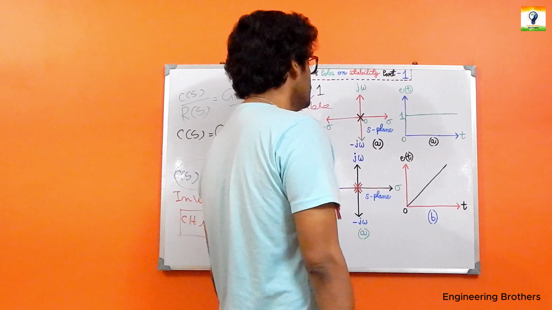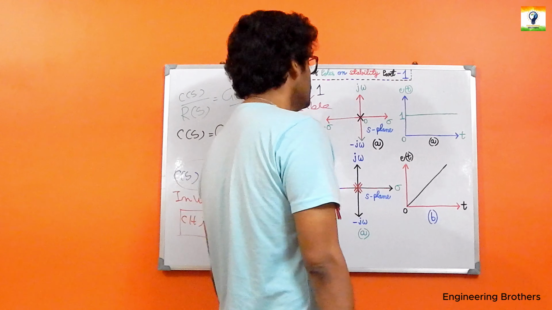As per the S plane, the pole is placed at the origin. So quite naturally, G(s) will be 1 by s, and if you apply the inverse Laplace on that equation, we have c(t) equal to 1.